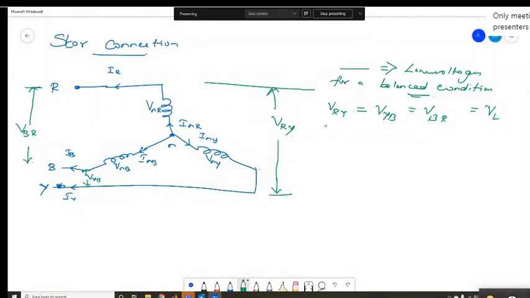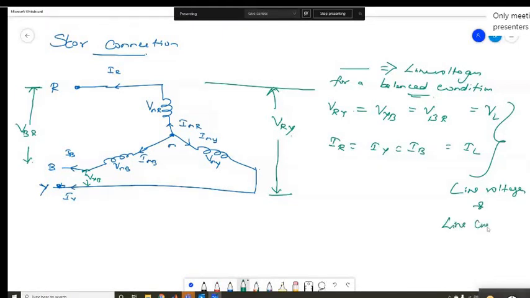In the same way, your IR, IY, IB as well as IL are also equal. Now these are your line voltages and line currents.